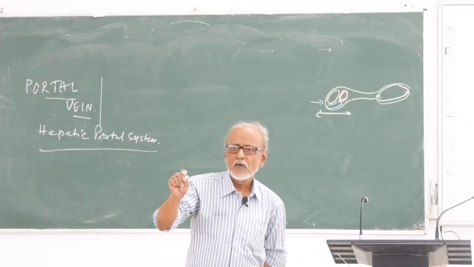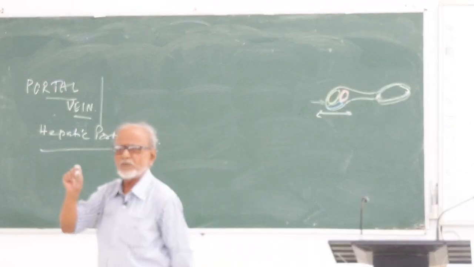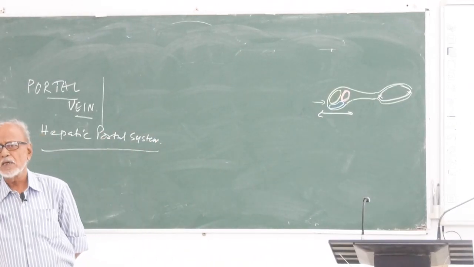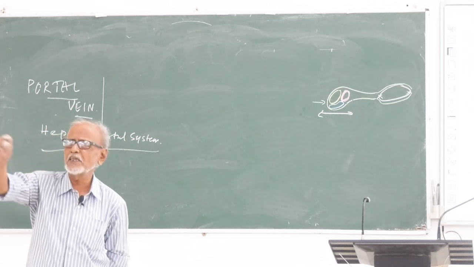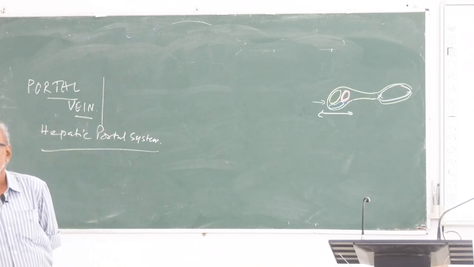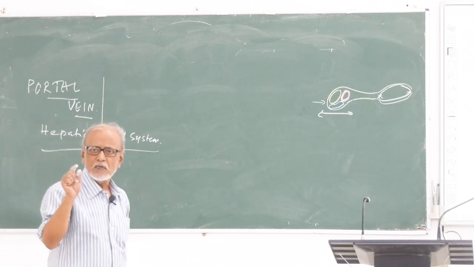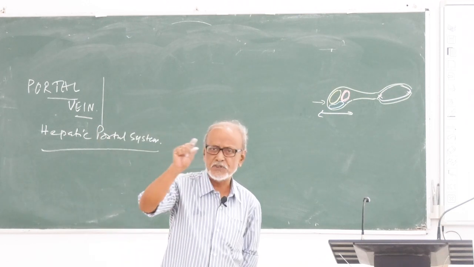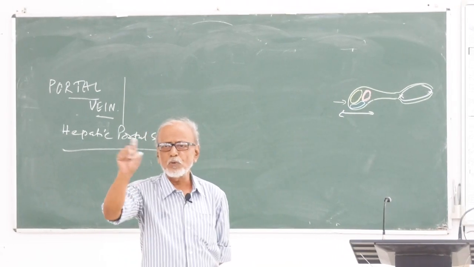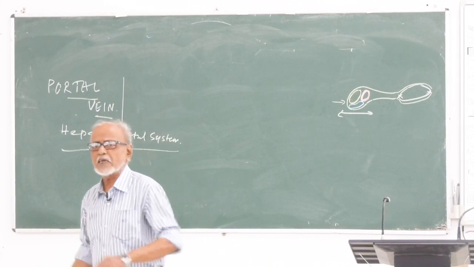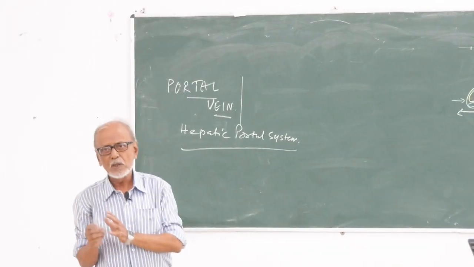So far I have said about the portal vein as if it is merely a structure like any other structure that we have seen. Now I am saying that the portal vein belongs to a system, hepatic portal system. তার মানে এর ক্যানভাসটা অনেক বড় হয়ে গেল, তাই না?